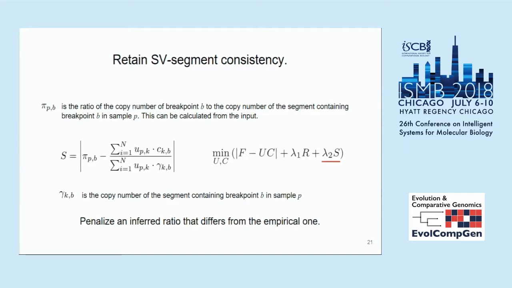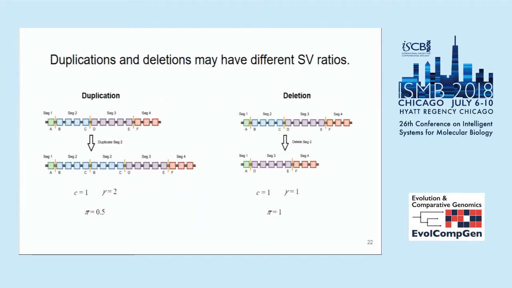To give an example of why this might be important, let's suppose we had two different scenarios, a tandem duplication and deletion. In the situation of the duplication, the copy number of the breakpoint, let's say at position C, increases to 1. And the copy number of the segment that contains the breakpoint increases to 2, as seen by the two blue segments.